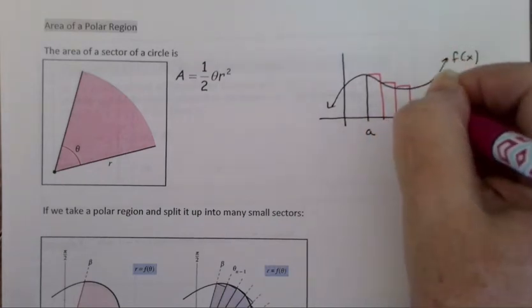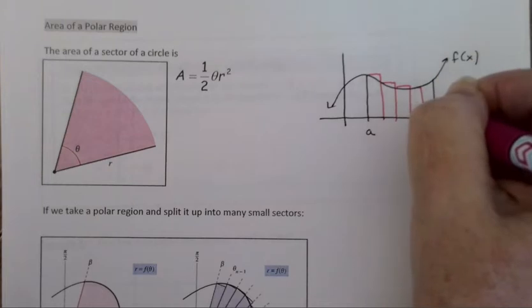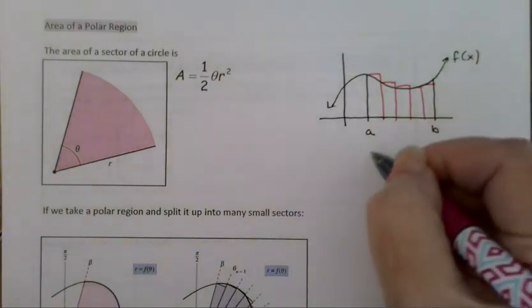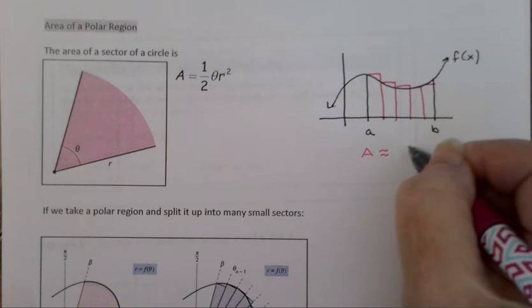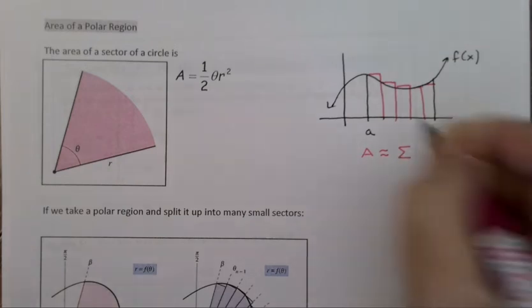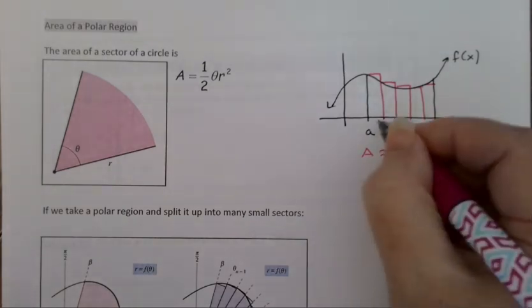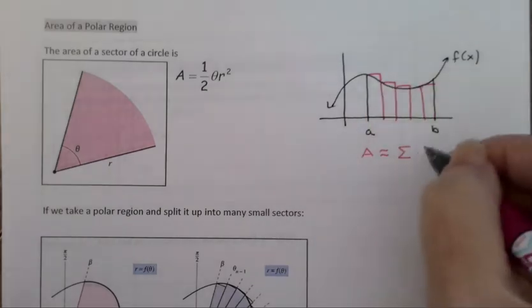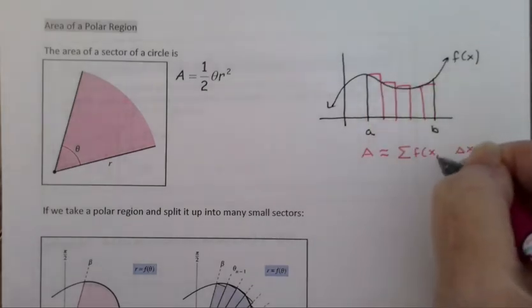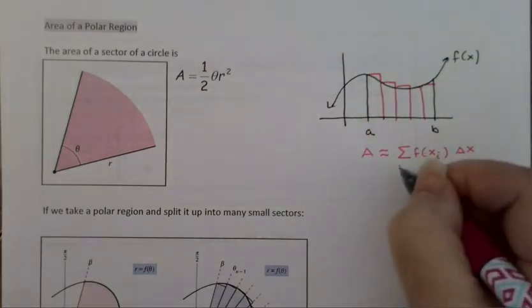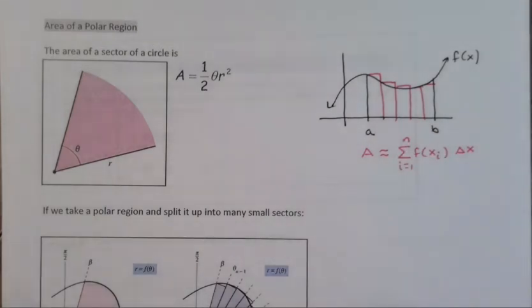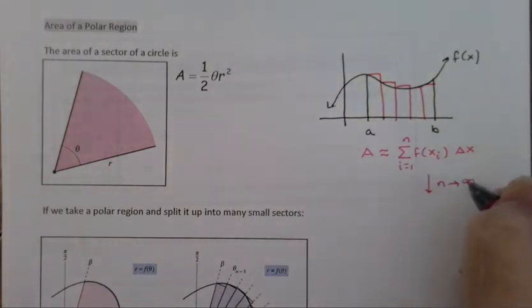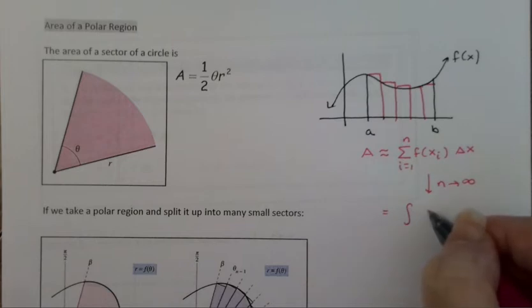And we said the area under the curve was approximately the sum of all those little rectangles. The little rectangles, each one, had a base of delta x and a height of f of x at a particular point, xi. And then when we let the number of rectangles go to infinity, this became that integral.